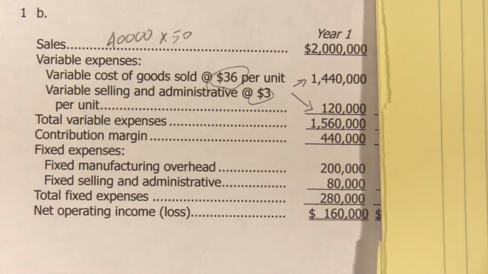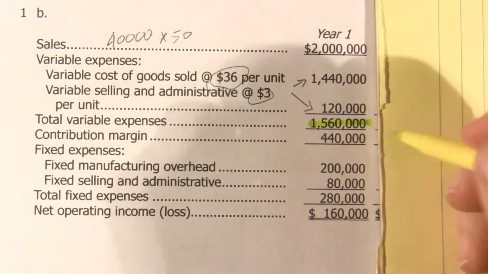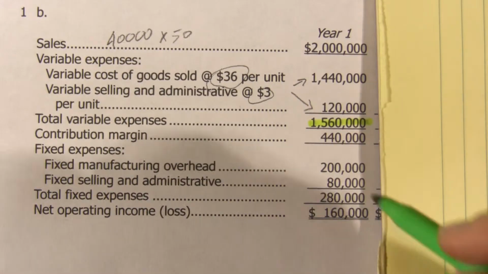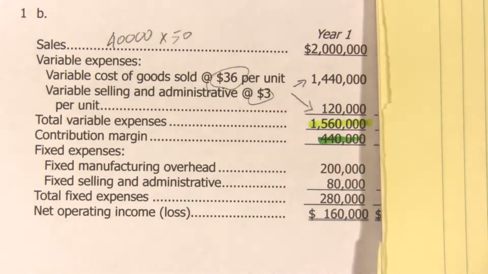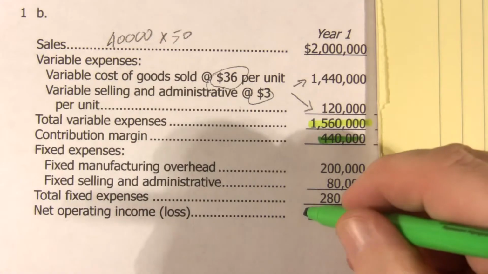So our total variable expenses under variable costing is $1,560,000. That gives us a contribution margin of $440,000. From that, we take our fixed manufacturing overhead, our fixed selling and admin, and we end up with an operating income for year 1 of $160,000 under variable costing.